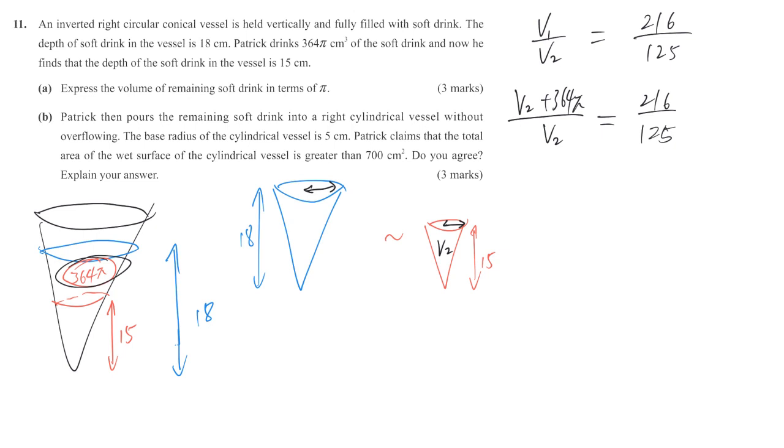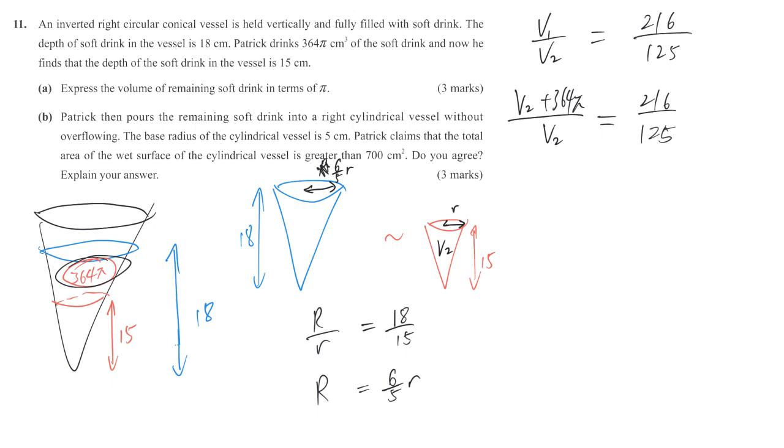If this is small r, then the large R you need to use the ratio to express it. Capital R to small r is equal to 18 over 15. So the capital R is equal to 6 over 5 times r. From now on, we don't use two variables. We just express it both in terms of small r.